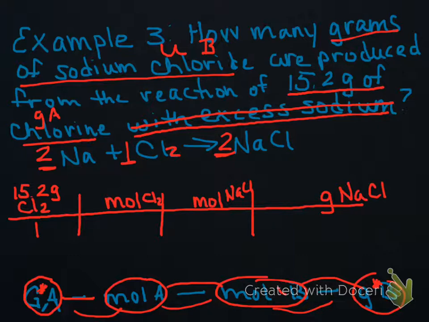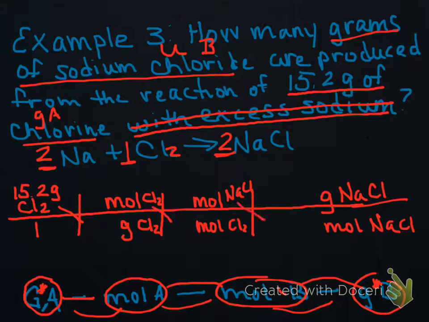Now we just need to bring those units down diagonally. So we've got grams of chlorine, moles of chlorine, and moles of sodium chloride. So you see how I did that? I just took these units and I brought them down diagonally in every single case.